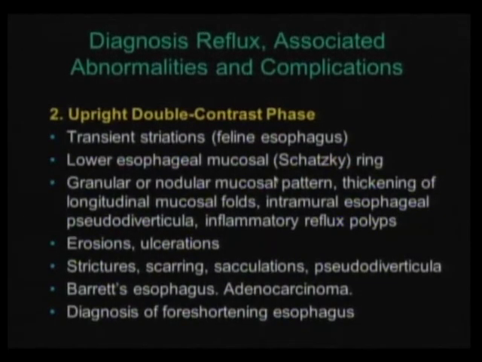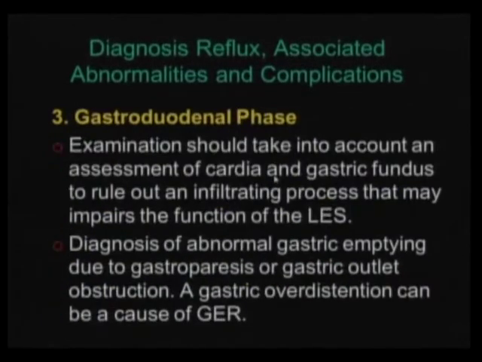Finally, with the double contrast phase in upright position, we try to see if there is a shortening of the esophagus, which is going to help the surgeon in case the patient needs surgery. After that, we perform a gastroduodenal phase, which is the evaluation of the cardia.